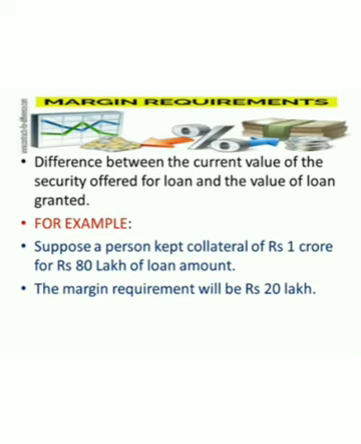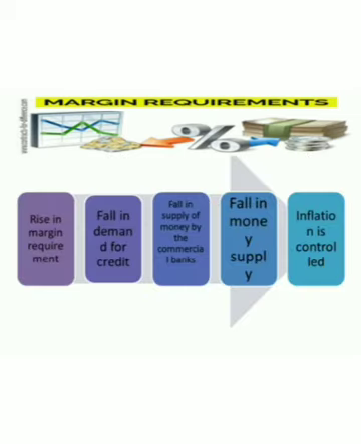So the difference between 1 crore and 80 lakh is 20 lakh. That is known as margin requirement. So margin requirement is the gap between the loan amount and security amount.